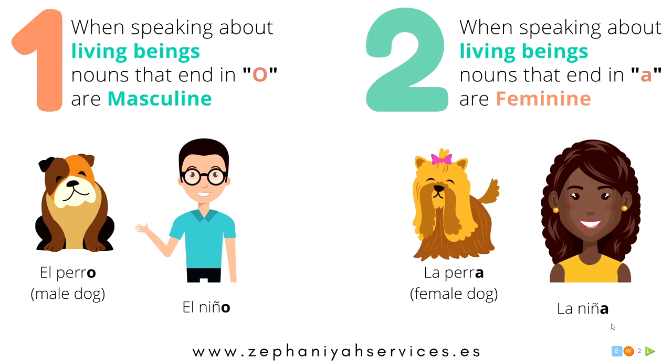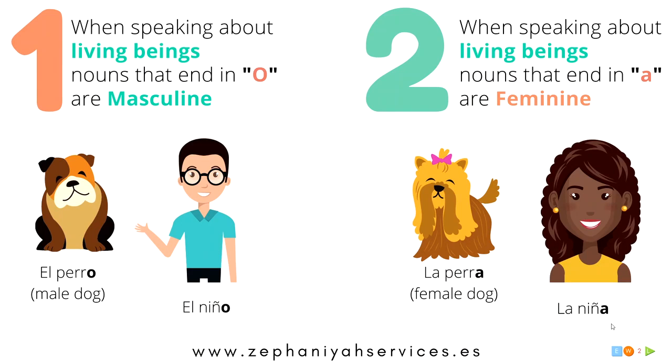Number one, when speaking about living beings, nouns that end in O are masculine. Por ejemplo, el perro, el niño. Two, when speaking about living beings, nouns that end in A are feminine.